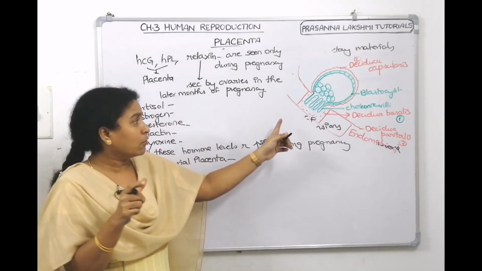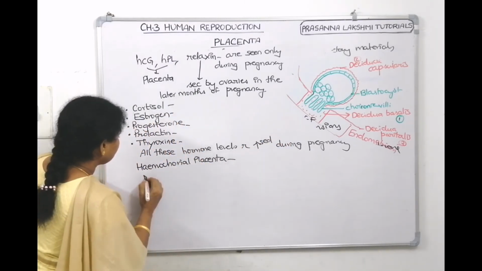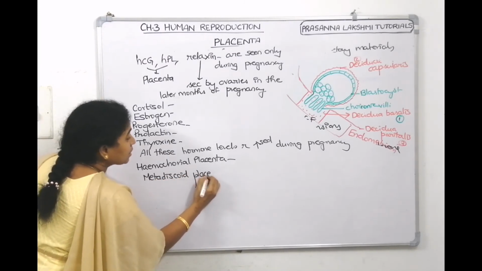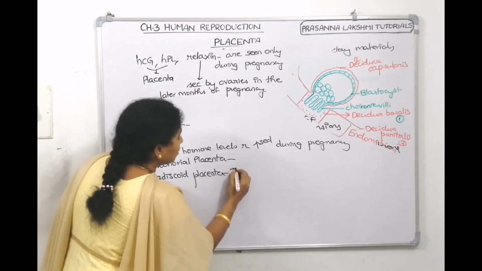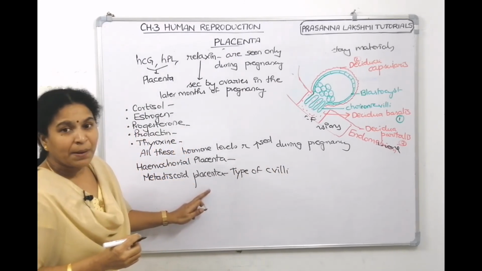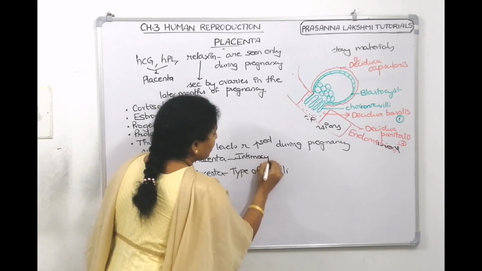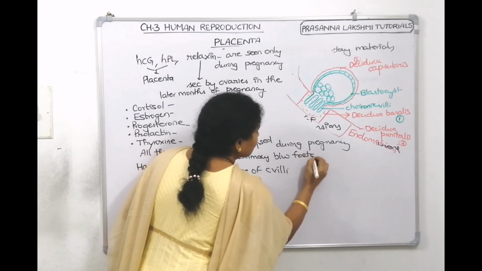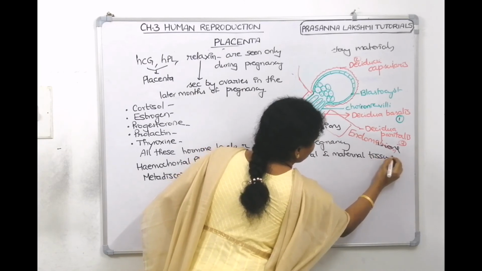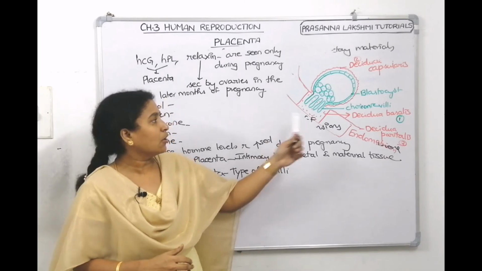So we can also call human placenta a metadiscoid placenta. Metadiscoid placenta is based on the type of chorionic villi, and hemochorial placenta depends on the intimacy between the fetal and maternal tissue. All this is about placenta and the development of the embryo.